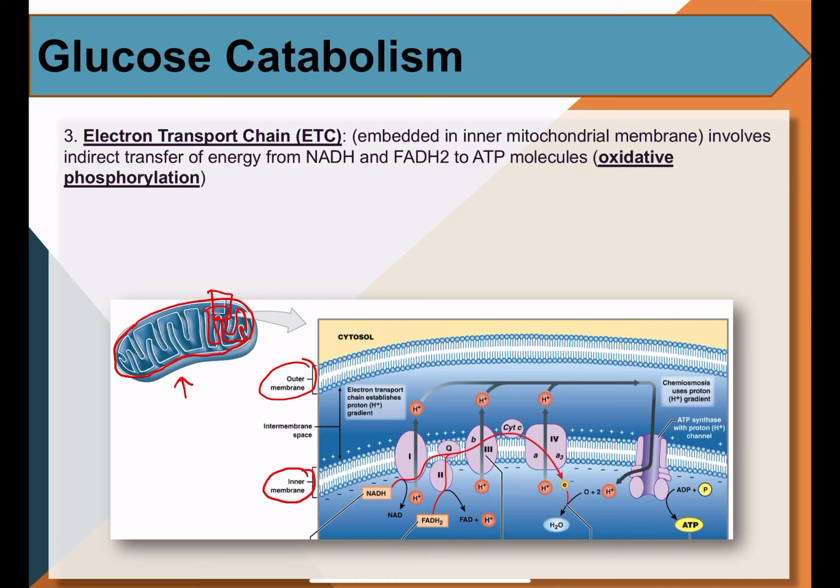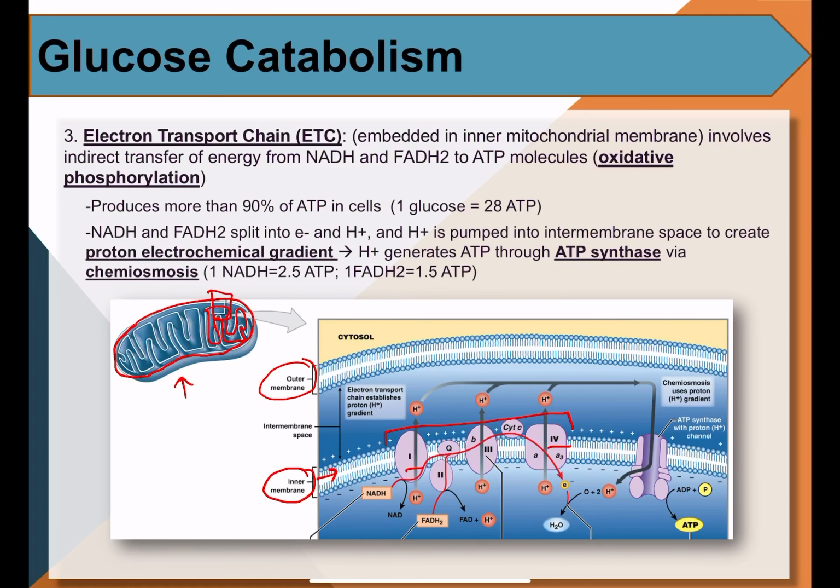So a set of electron transport chain includes a series of these protein complexes, complex 1 through 4, very conveniently named. They are integrated into the phospholipid bilayer, which is the inner membrane of the mitochondria.